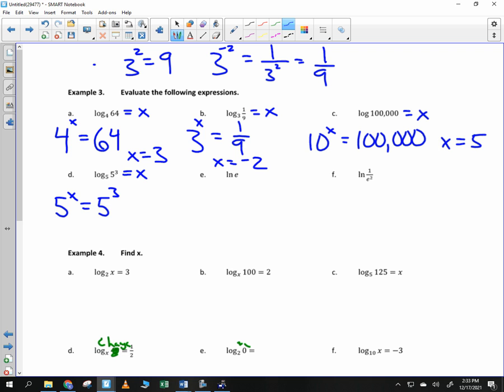What number would be where x goes? 3. Again, this is x. So what's the base if it's natural log? e to the x power is equal to e. What power would you take e to get e? 1.